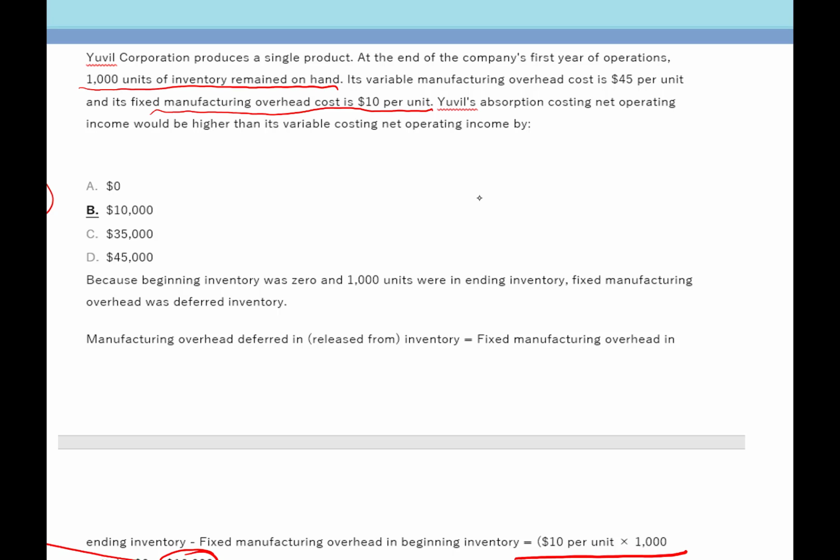Uville Corporation produced a single product. At the end of the company's first year of operations, 1,000 units of inventory remained on hand. Its variable manufacturing overhead cost is $45 per unit. Its fixed manufacturing cost is $10 per unit. Absorption costing net operating income would be higher than variable net operating income by what? By $10,000.